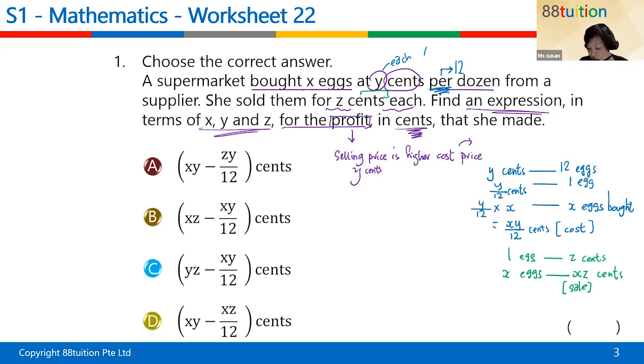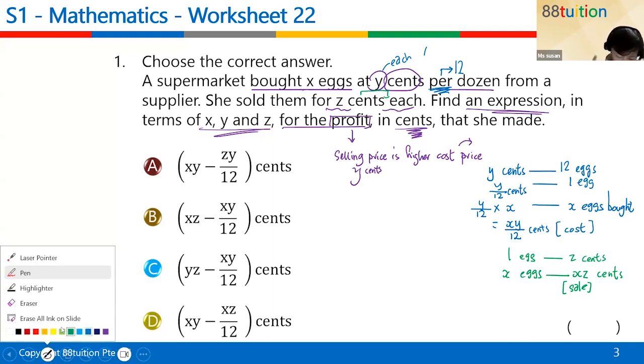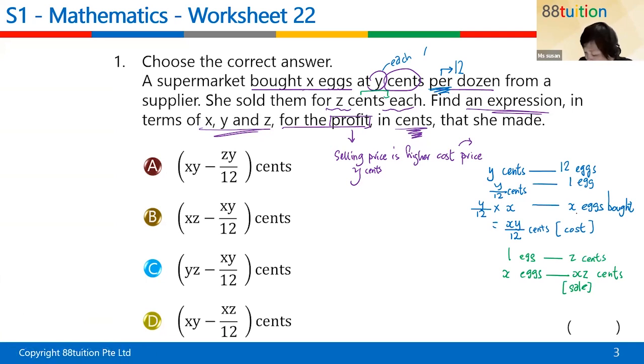So this one will be a greater value, whereas this one, okay, I want to make a comparison. So cost is a lower value, while sell is a higher value.